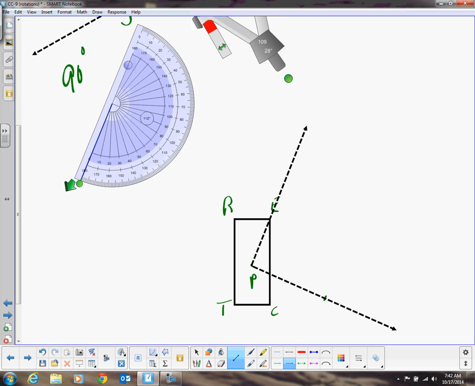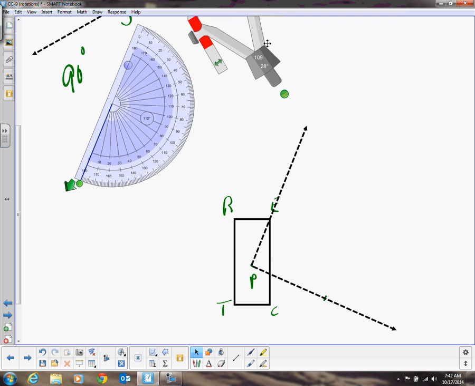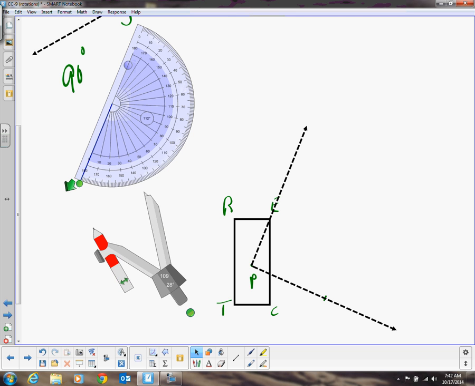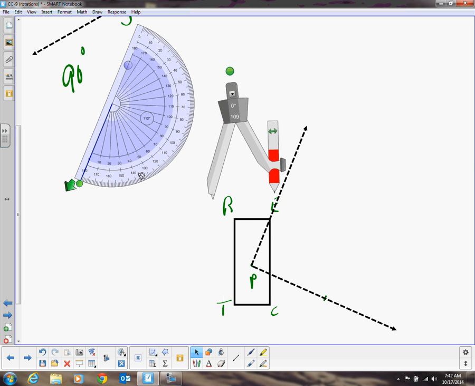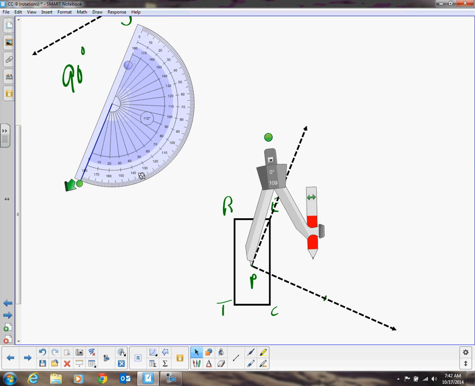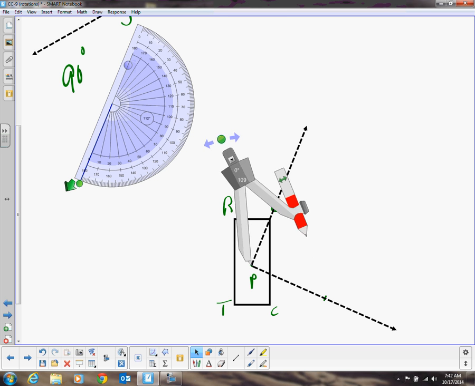That is 90 degrees. Now, what do I do with my compass? So I'm going to move this. Where's the point go? Center of rotation, not on the vertex of the rectangle. And now, where does this pencil point go?